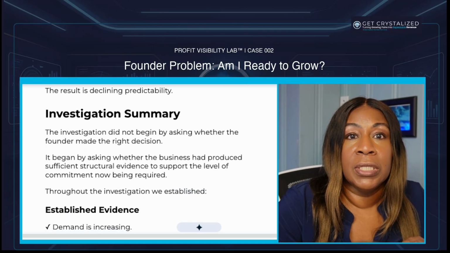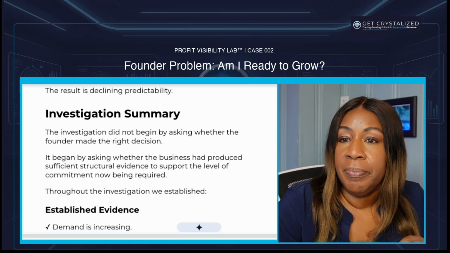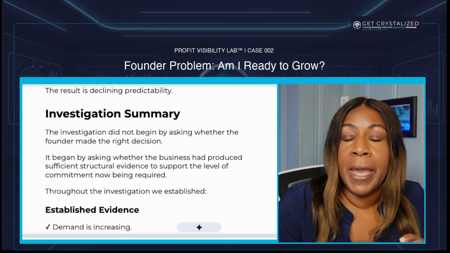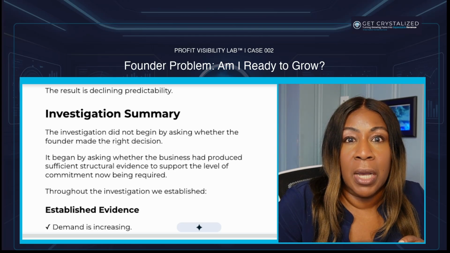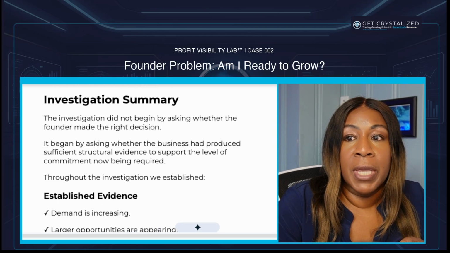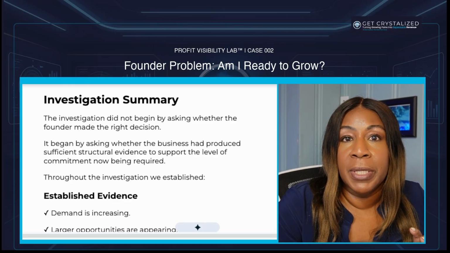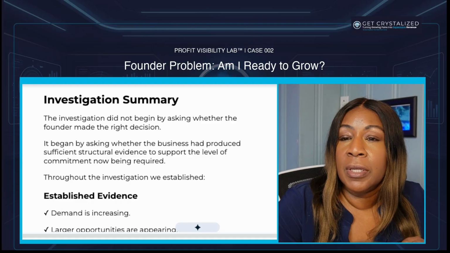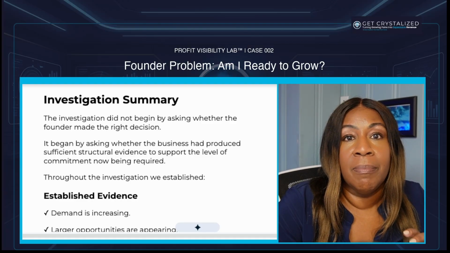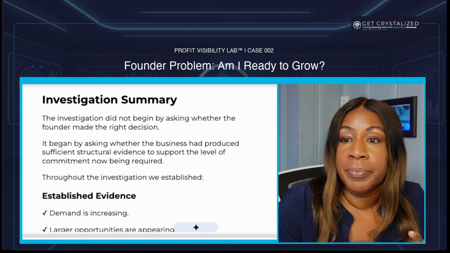Okay, so let's summarize this investigation. We didn't begin by asking if the founder made the right decision or not. We began by asking whether the business had produced enough structural visibility or evidence to support the level of commitment that was being required.